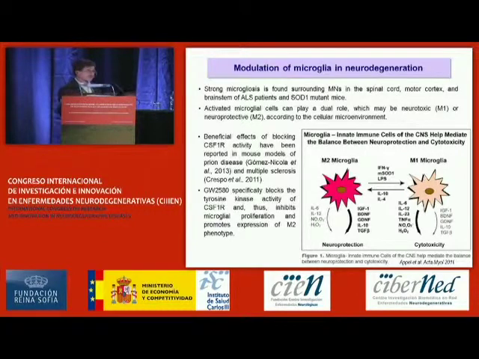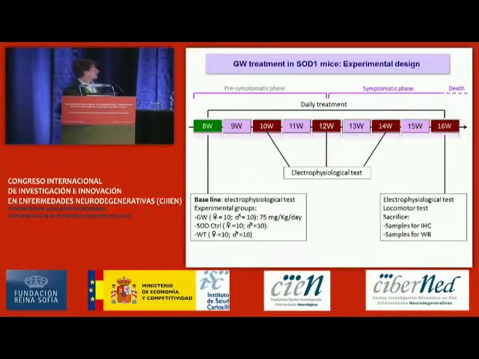And by blocking this receptor, it inhibits microglial proliferation, and it may promote partially the expression of the M2 phenotype versus the M1. It has been proved to have good effects in other models like prion disease animal models. So we, for the first time, attempted it in the SOD1 mice.